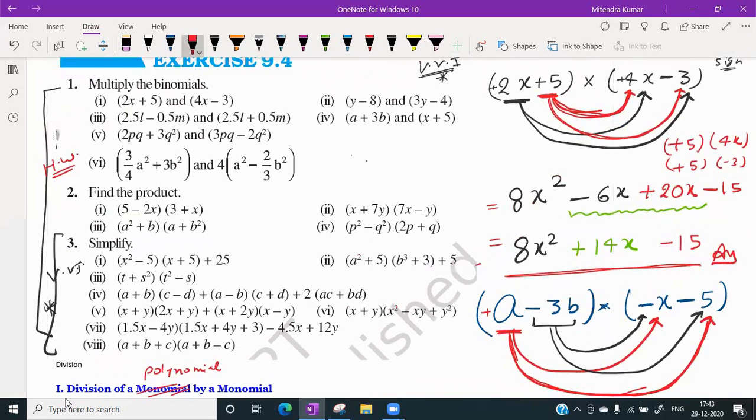Okay, just take a screenshot or maybe a picture, and give the heading division of a polynomial by a monomial. So in division, we have two things: division of a polynomial by a monomial and division of a polynomial by a polynomial. Okay, two different topics. First we will learn division of a polynomial by a monomial.